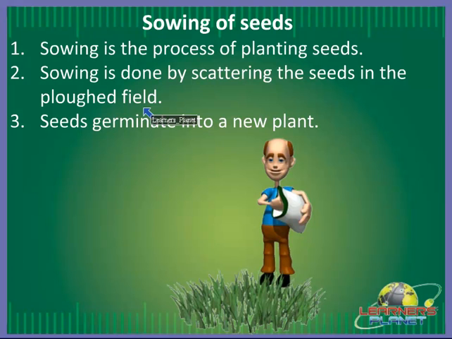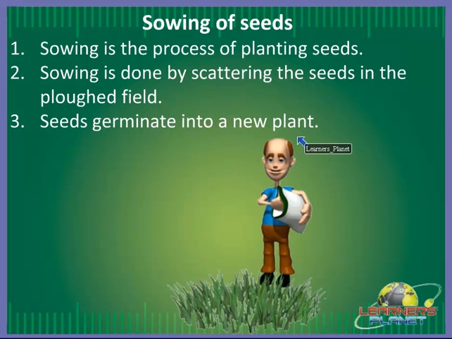And why is this sowing of seeds important? It is important because seeds germinate into a new plant, right? So for a seed to germinate into a new plant, it has to be present in the ploughed field. And how will it be possible? How can it be present in the ploughed field?